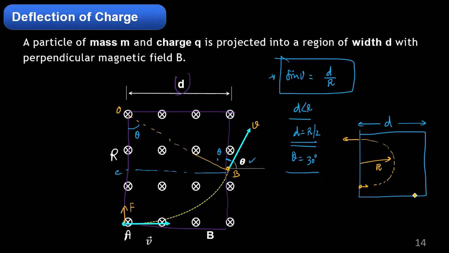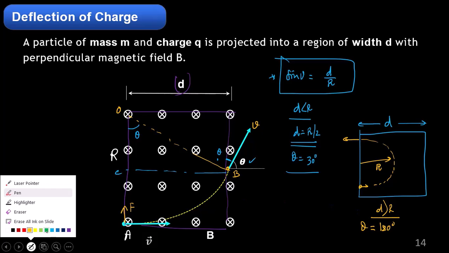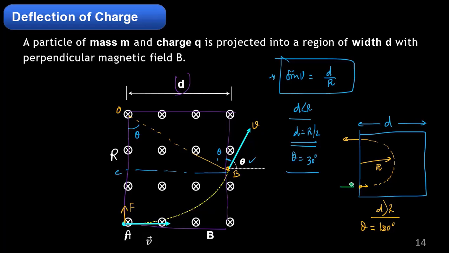So now the particle can complete the entire circle. In that situation, the angle of deviation theta should be taken as follows. I throw the particle in this direction, and the particle is coming out in the opposite direction. So what is the angle? The angle of deviation is 180 degrees.